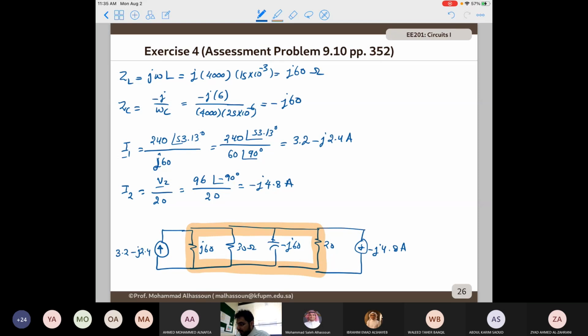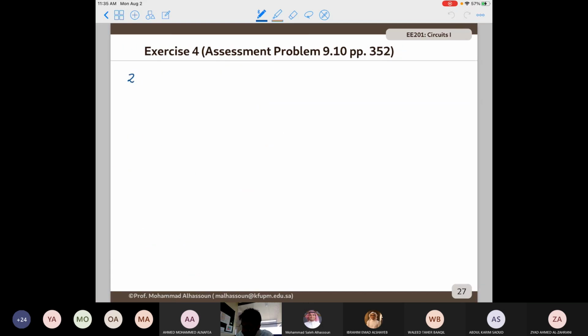The equivalent admittance is 1/30 plus 1/j60 plus 1/20 minus 1/j60. It turns out that the impedance is going to be actually real here, which is good.